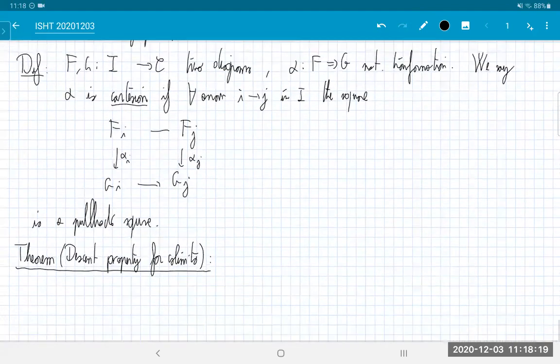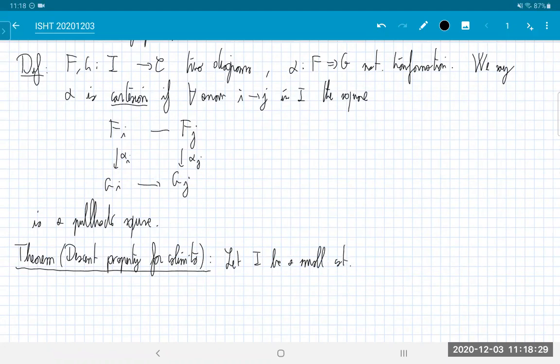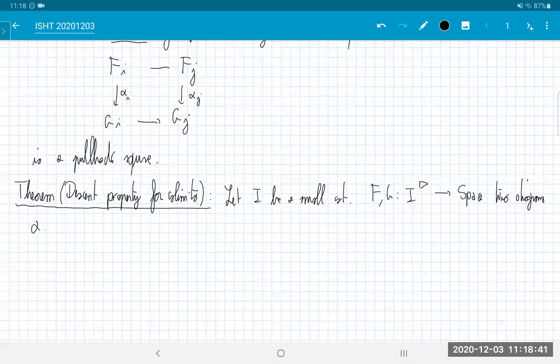So okay, the descent property of colimits says the following. Let I be a small category. Let F, G from the cone on I into spaces be two diagrams, and alpha from F to G a natural transformation such that alpha restricted to I is Cartesian.